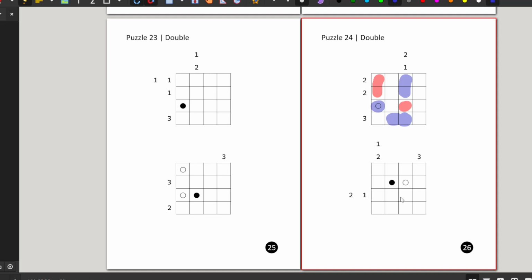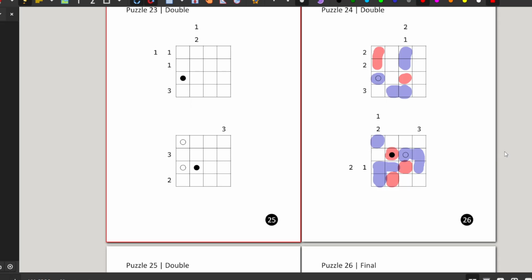Okay, blue here, blue here, blue here, blue here, and then no 2x2s.